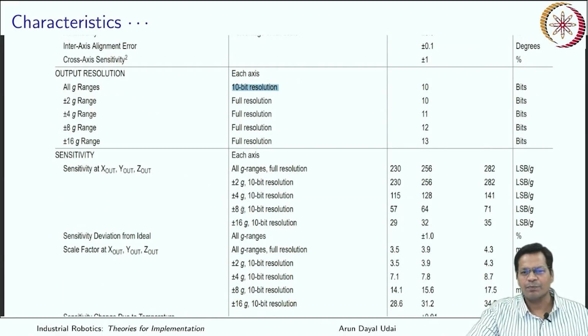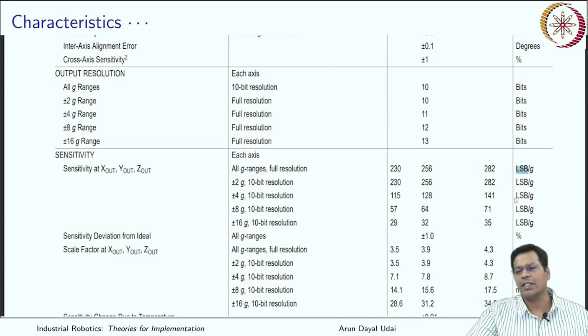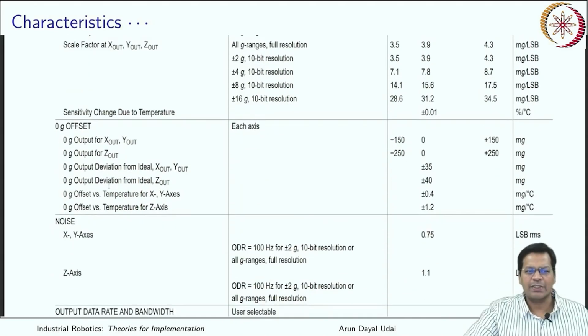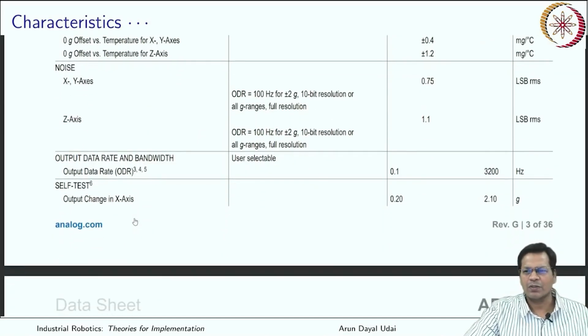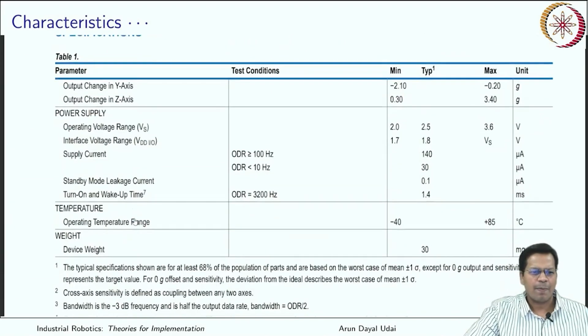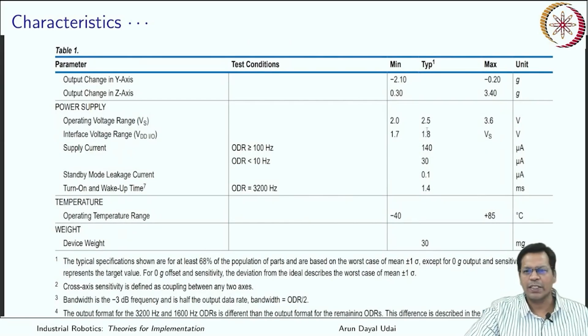Sensitivity is here, you see, that is there. So even smaller, how it is expressed, per G, it is the least significant bit that is going to change. Offset is there, that should not be there. Normally you don't expect it. So noise level, that is also given here. Specific operating voltage range 0 to 2.5 volt.